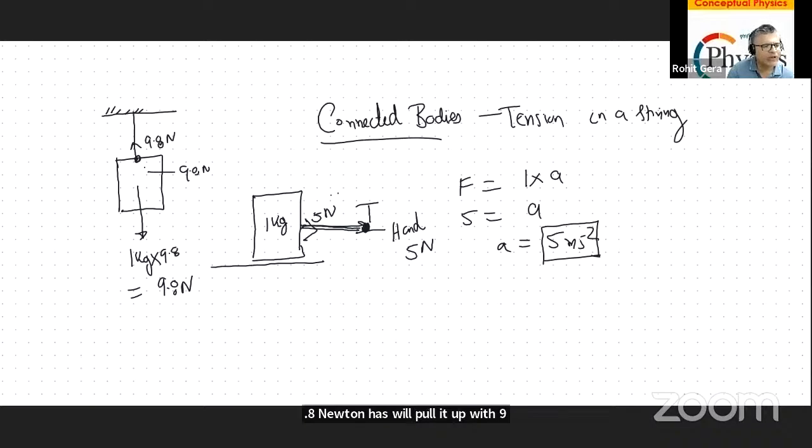The weight is pulling the string, so the force gets transmitted till here, and on the other side it reverses. So now the wall is getting pulled by 9.8 newtons.